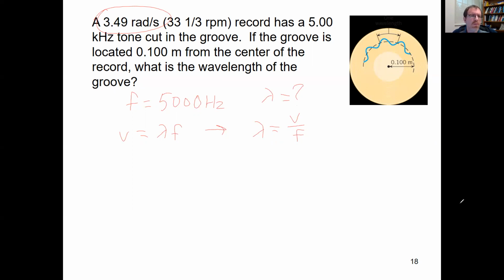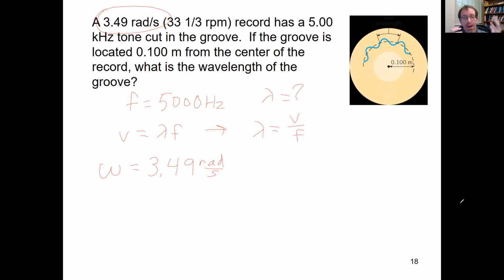So if we reflect back on physics that we learned in the past and think about what that radians per second would be, our record is rotating around in a circle. That radians per second describes the angular speed of our record. Our angular speed of our record is 3.49 radians per second.